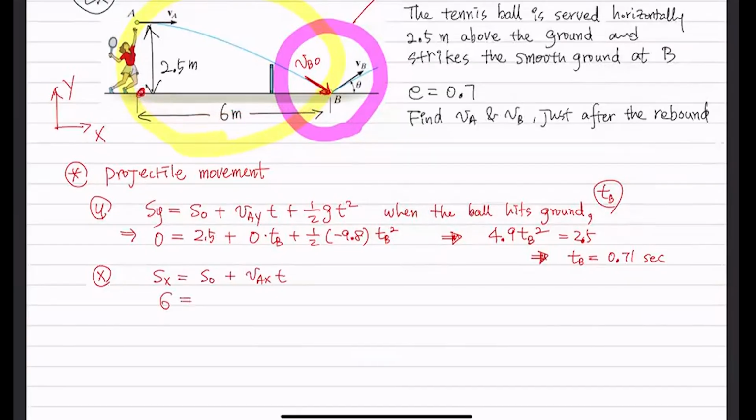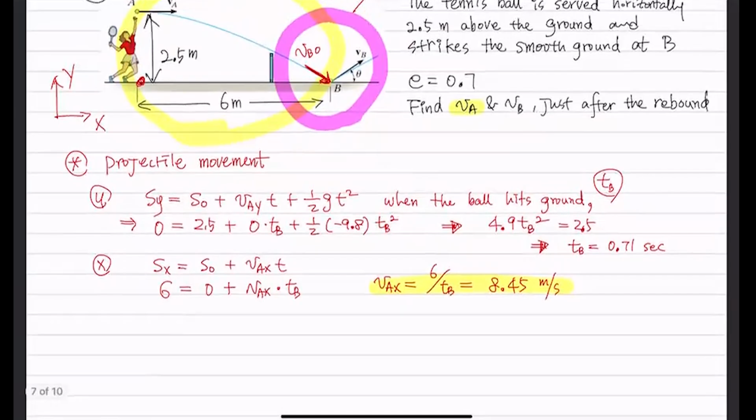So 6 equals S naught 0 plus VAx times tB. And we know tB is 0.71, so VAx is going to be 6 divided by tB. That is about 8.45 meters per second. So we got one thing that is needed. We want to find VA, and that's just this.